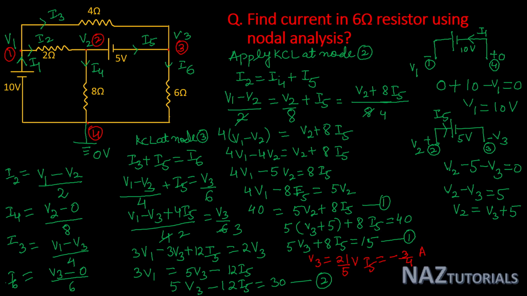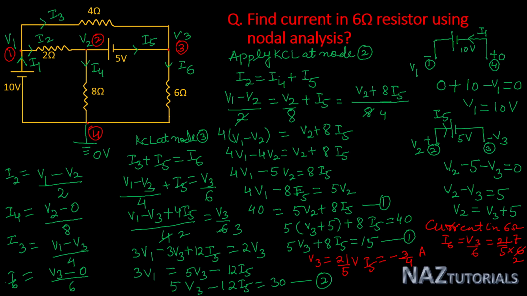Now the current in the 6 ohm resistor is our answer. Current in 6 ohm, that is I6, is equal to V3 divided by 6. V3 is 21 by 5 divided by 6. So here 3 2s are 6, 3 7s are 21.